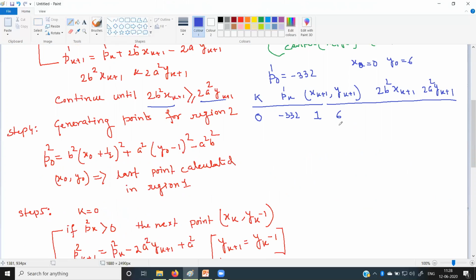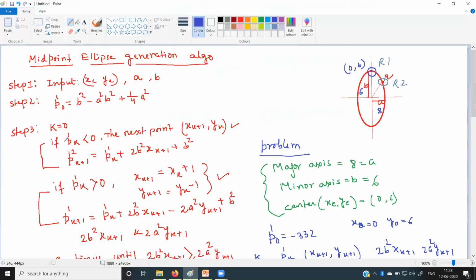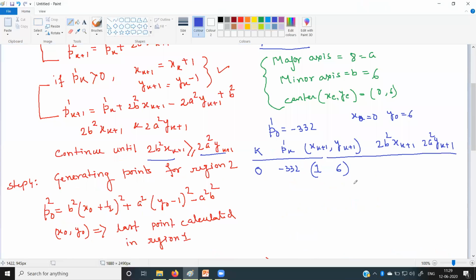So the next point we need to compute is 1,6. Again, we follow the algorithm. We compute the initial decision parameter. We are at k equals 0, checking it is less than 0, satisfying. We increment xk plus 1: the initial value of xk is 0, so it will be 1, and yk is 6, so it remains 6. So we have written 1,6.